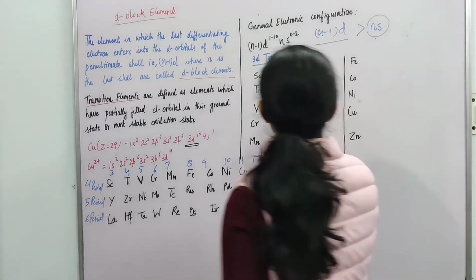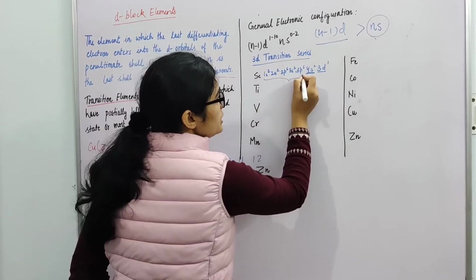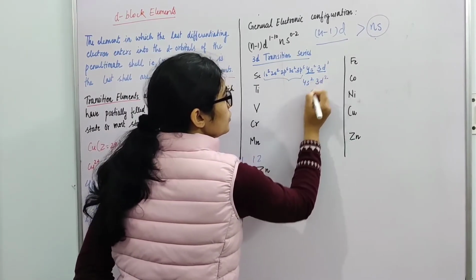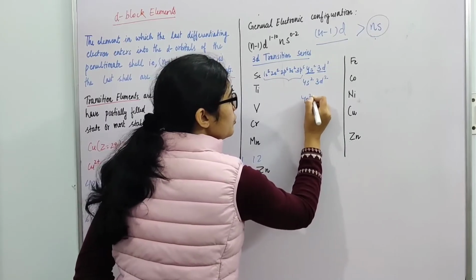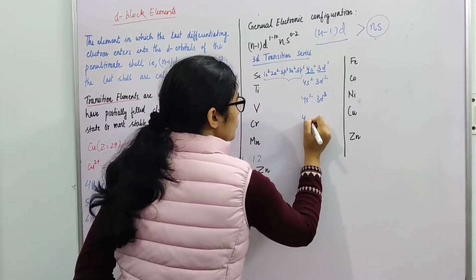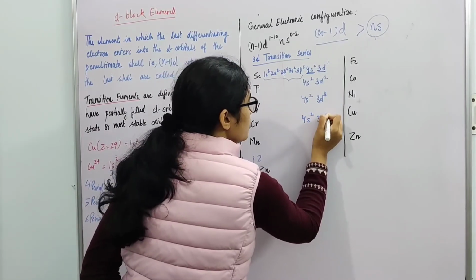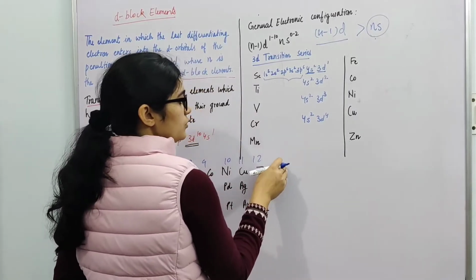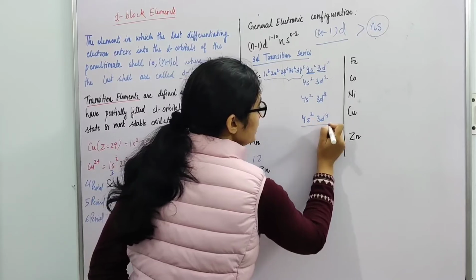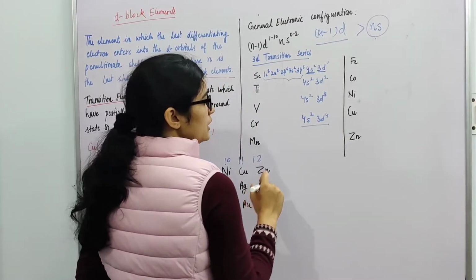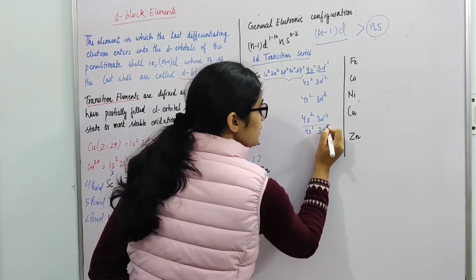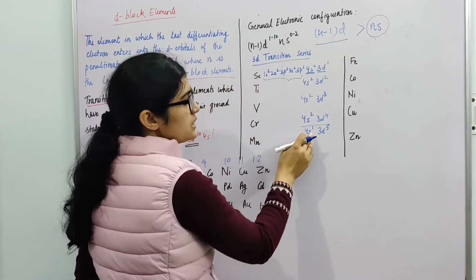Now for titanium, this much will be the same and it will become 4s2, 3d2. For vanadium it will be 4s2, 3d3, then 4s2, 3d4. Now in case of chromium, it should be like this, but if you take the electronic configuration as 4s1, 3d5, it is gaining extra stability.